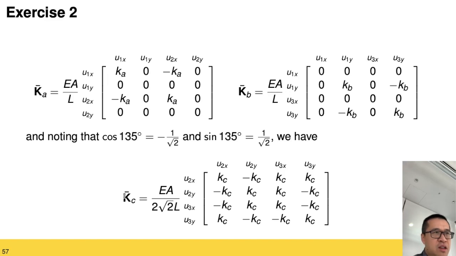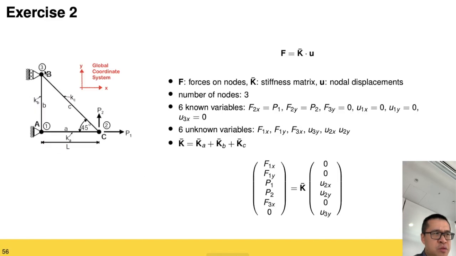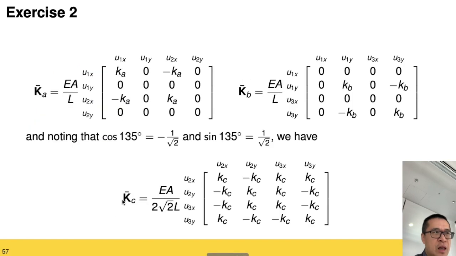Now we need to bring this together. Remember that for the whole thing, we have 3 elements and 2 directions, so it should be a 6 by 6 matrix. But each of these elements is only a 4 by 4 matrix.